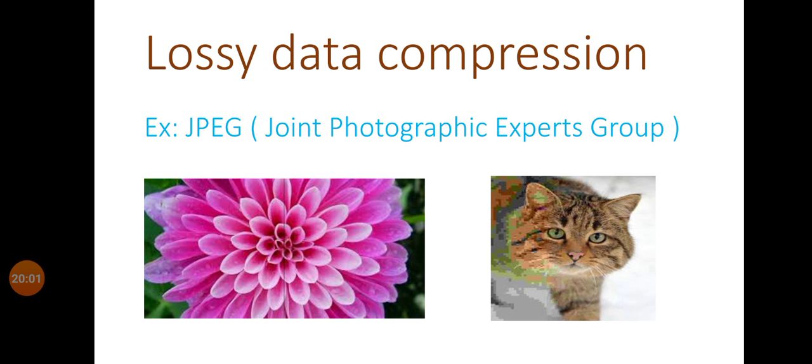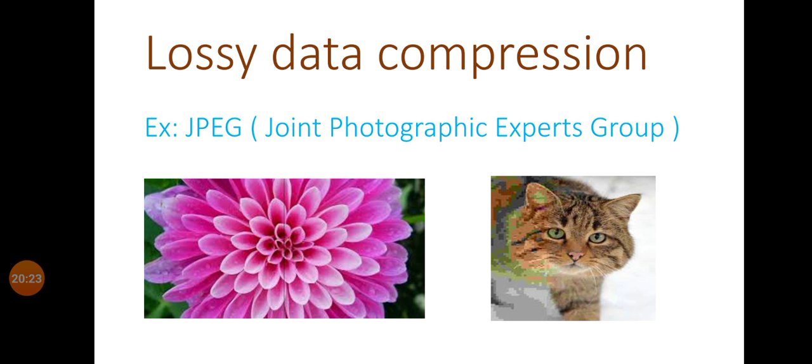When we uncompress it, we recover approximate data from the original, not the same exact data as in the original. The data may be like this, like that, an approximation, not the original data.